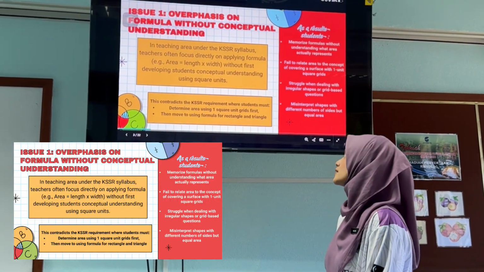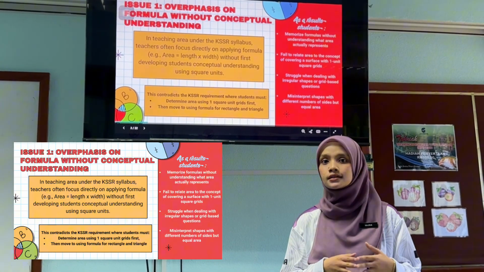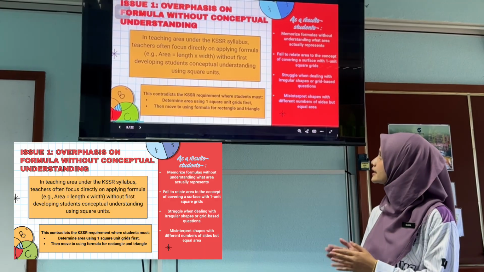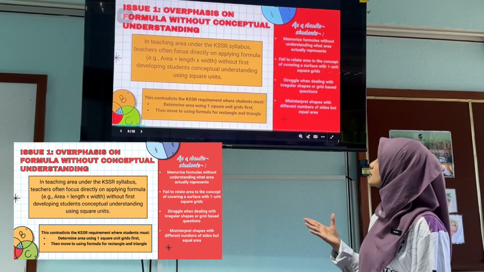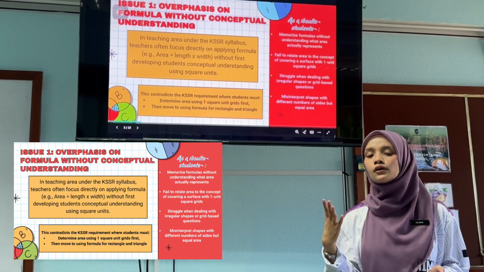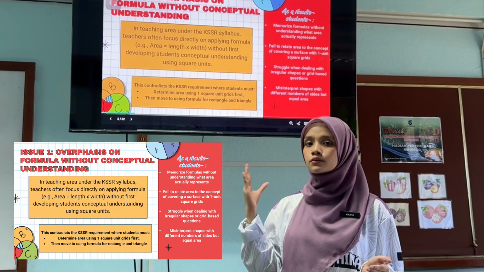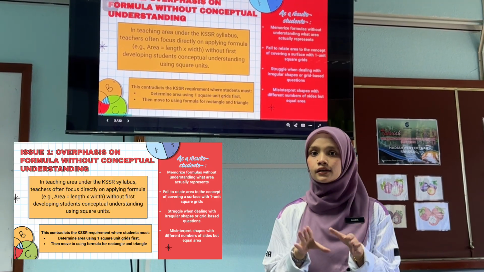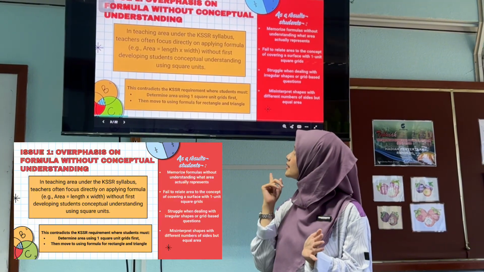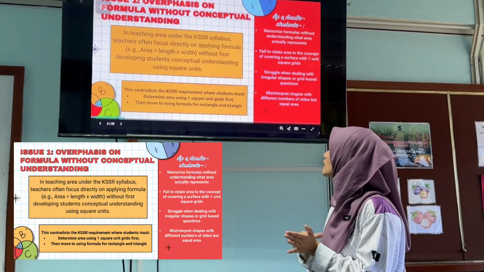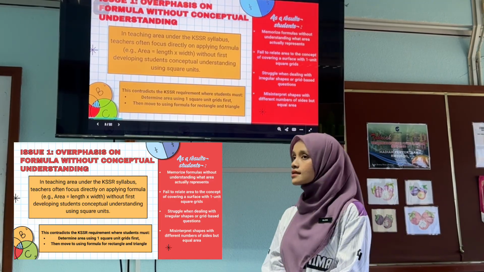Okay, for the first issue is overemphasis on formula without conceptual understanding. Teachers in teaching area under the KSSR syllabus often focus directly on applying formula only. For example, the teacher will ask students to calculate the area using the formula, which is area equals length multiplied by width, without first developing students' conceptual understanding using square units.